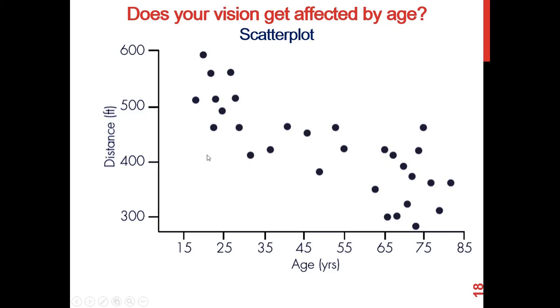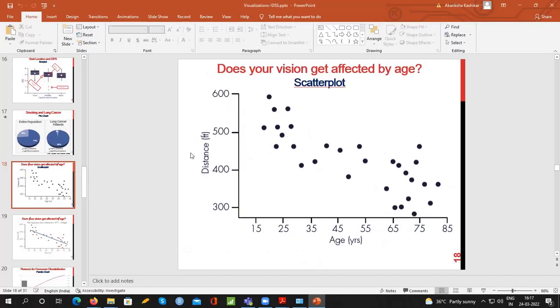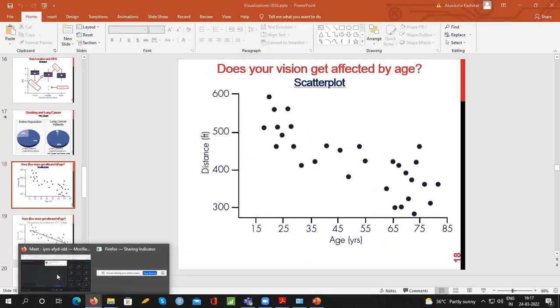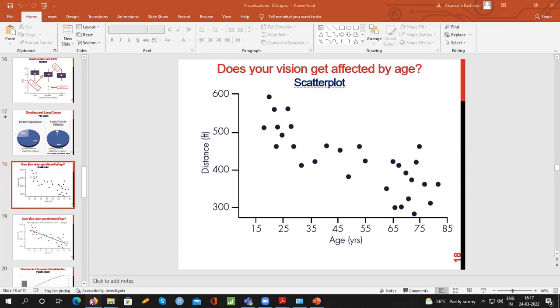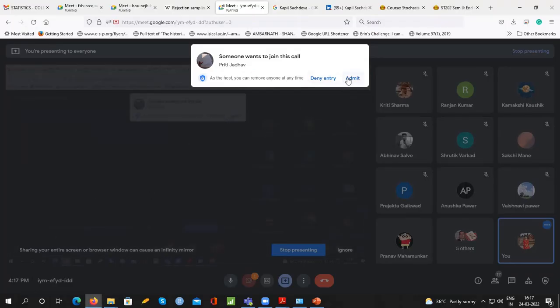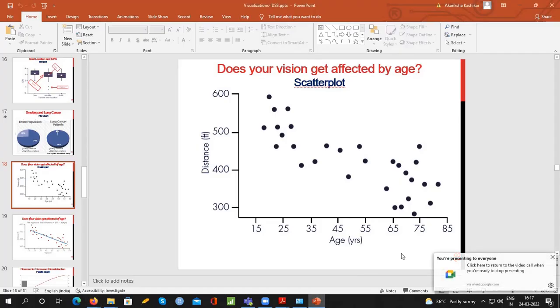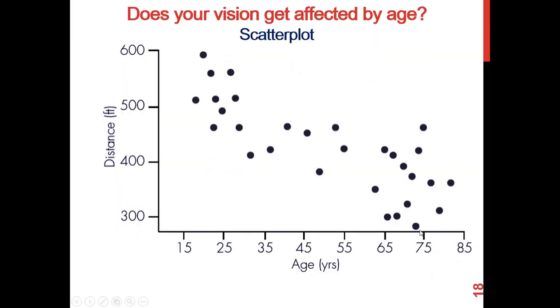And the person could see up to say 420 feet. So age is around 34 and the person could see up to 420 feet. Similarly, if I go to this point, you can see my cursor moving, right?